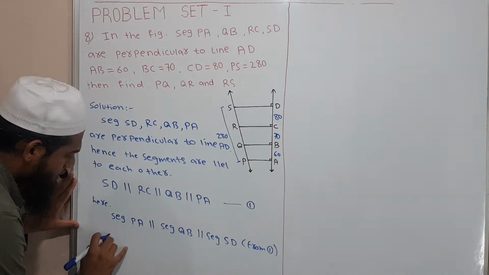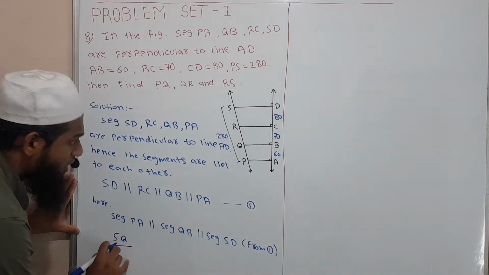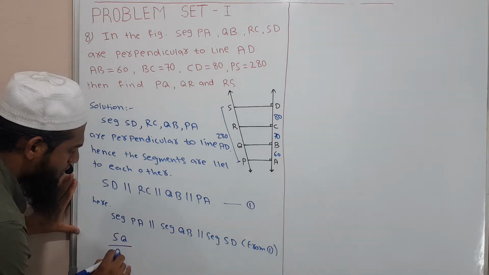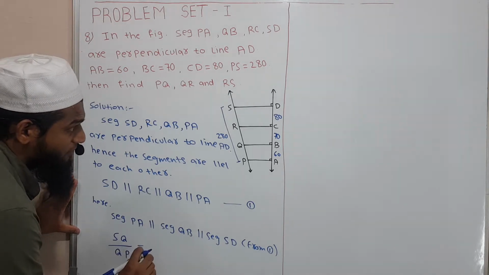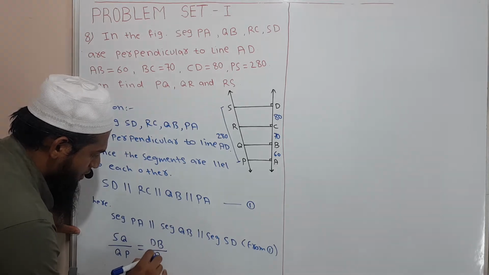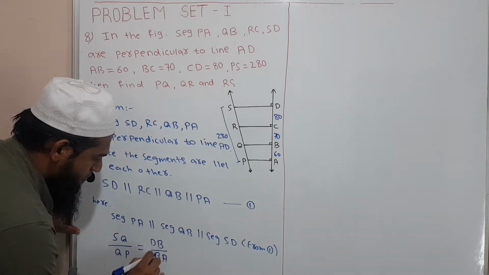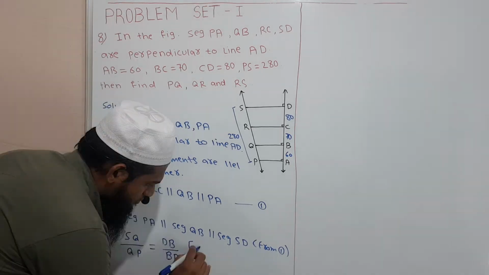Okay, BA. So I am writing here SQ upon QP is equals to DB upon BA. What is the reason?